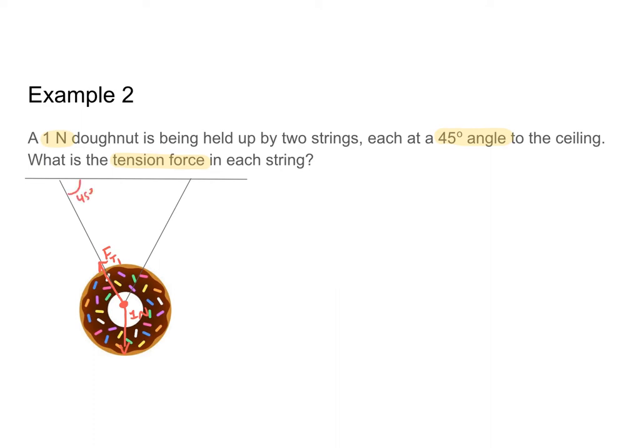So if I were to redraw that picture here, I'm at a 45-degree angle to the horizontal. Similarly, I have Ft2, which is again at a 45-degree angle. Taking my picture of my forces, my free body diagram, I can move that up to the top to simplify things.